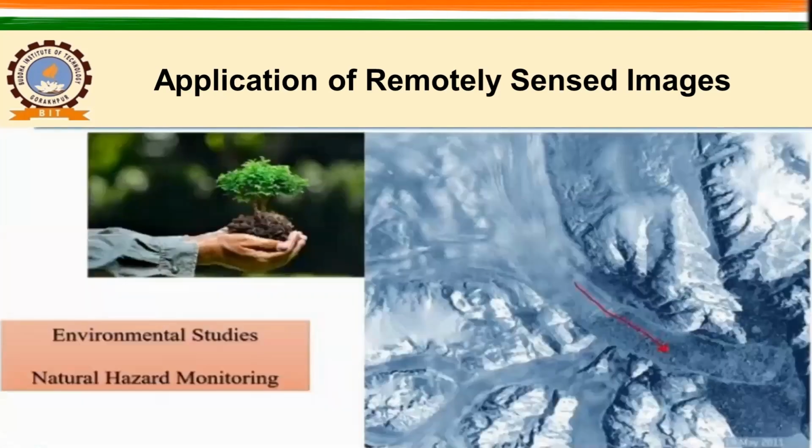The other slide is about environmental studies. For environmental studies, you can always use this remote sensing data, or for natural hazard monitoring, you can use this temporal remote sensing data. Here you can see one example: this glacier is moving at a constant rate, right?